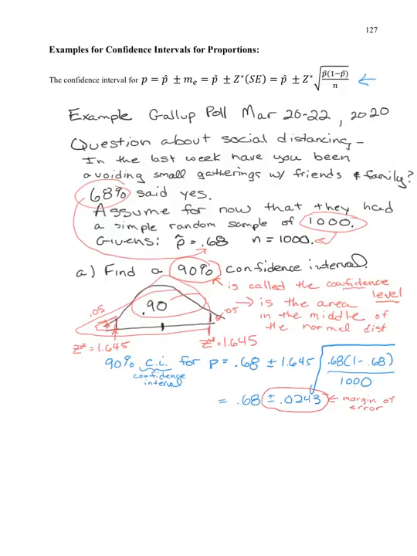The plus minus piece is our margin of error, which gives us a final answer of 0.6557 to 0.7043, or 65.57% to 70.43%. Of course, in WebAssign, like always, we'll be using the decimal versions.